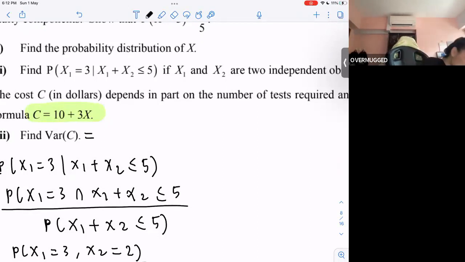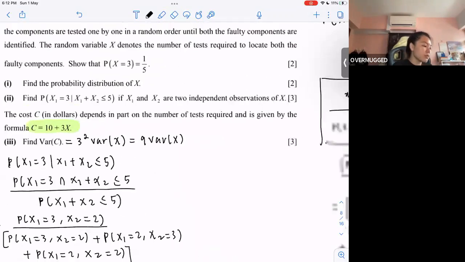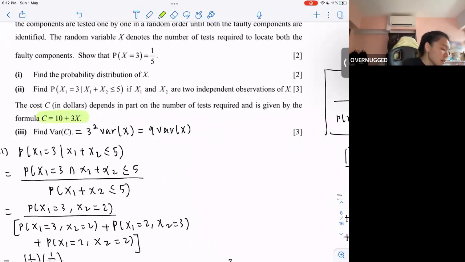Is it 3 times the variance of X? No, right? It's 3 squared times the variance of X. That would be my variance of C, which means that it will be 9 times the variance of X. So in order for me to find my variance of C, I need to find my variance of X first.